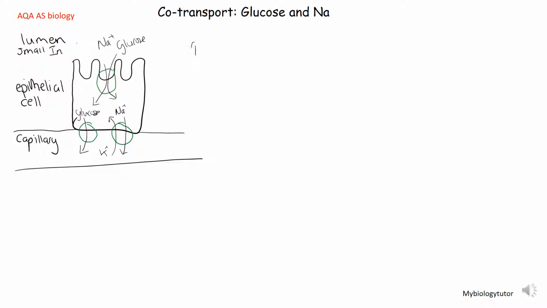So number one, which happened here, is that sodium is actively pumped out of the cell, and at the same time we have potassium being pumped into the cell. Okay, but if we remember, this needs ATP because it's active transport.